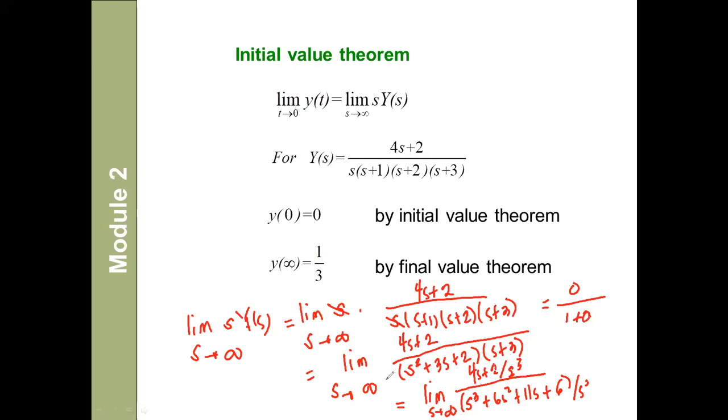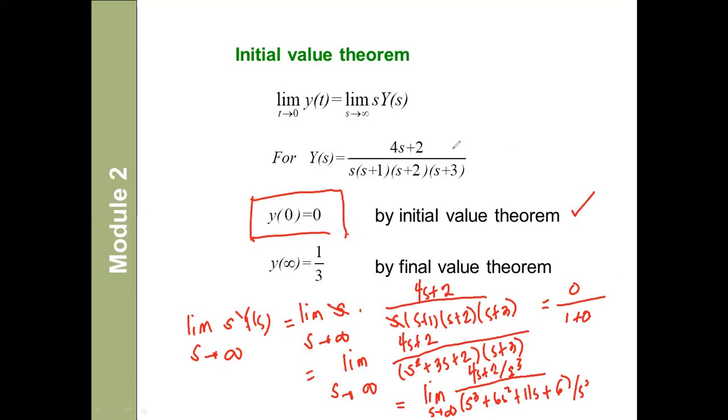So the answer for this, as you can see here, is 0, because 0 divided by 1 is 0. So this is said to be the initial value of the function determined using the initial value theorem.